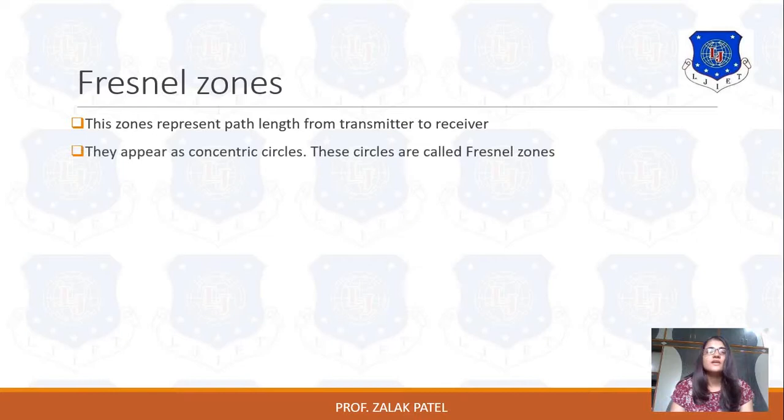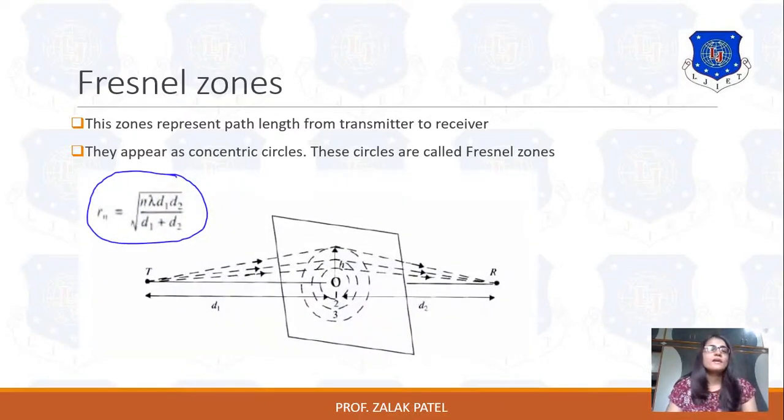Mainly they appear as concentric circles, and these circles are called Fresnel zones. In this figure you can see a transmitter and receiver at the two ends and an obstacle in between. Here you can see three concentric circles between transmitter and receiver at the obstacle point.